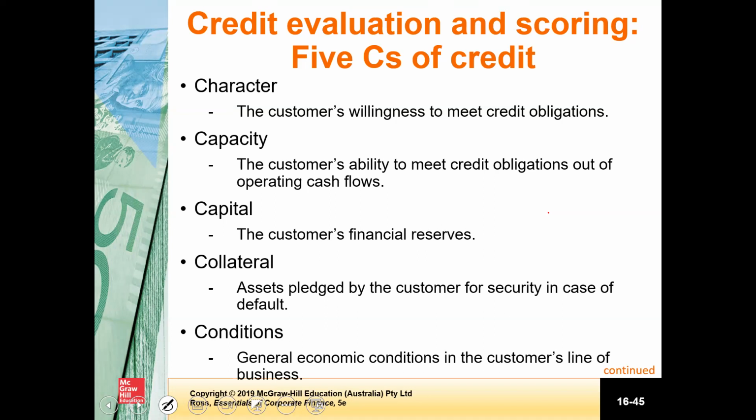A credit score could then be calculated based on the total. From experience, a firm might choose to grant credit only to customers with a score of above, say, 30. So this is how credit scoring is done, and a creditworthiness measure is developed.